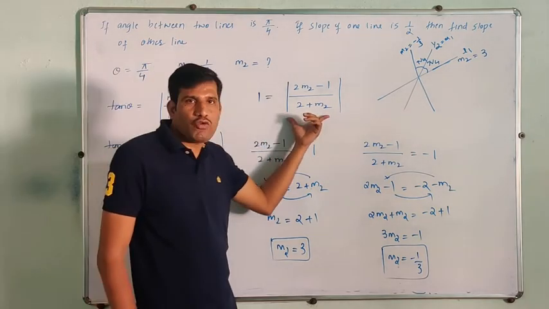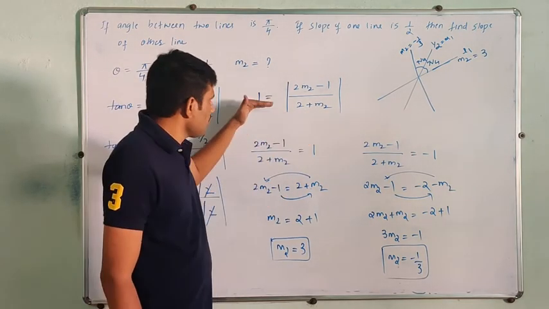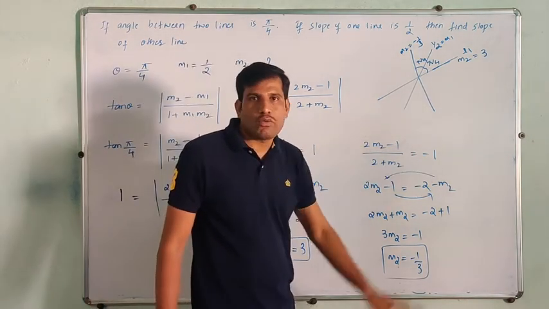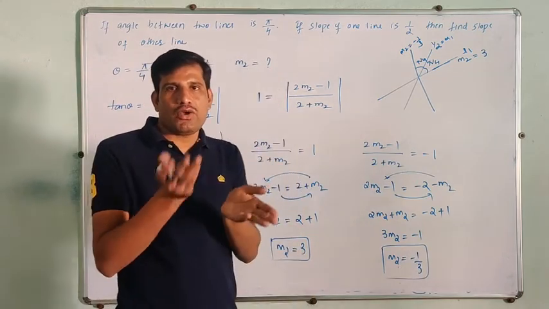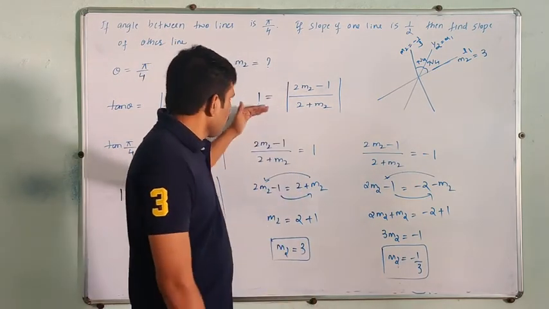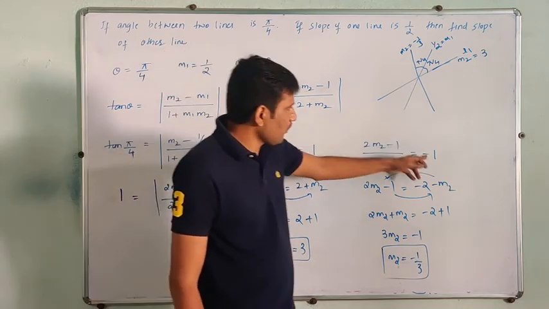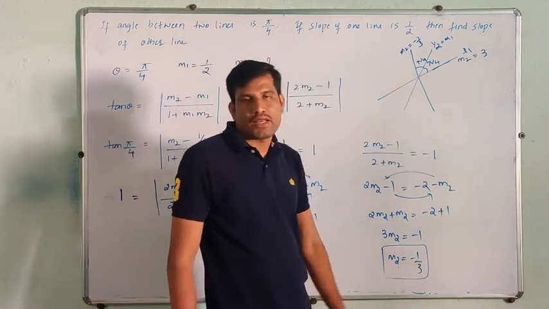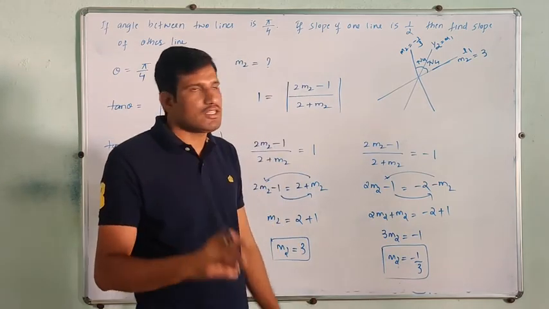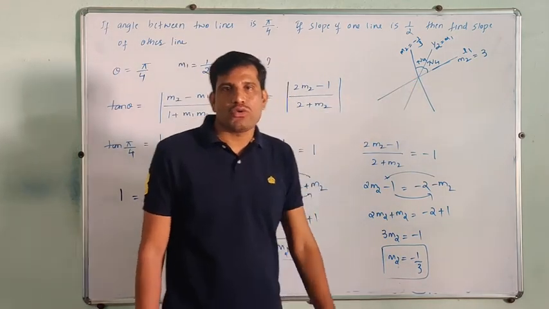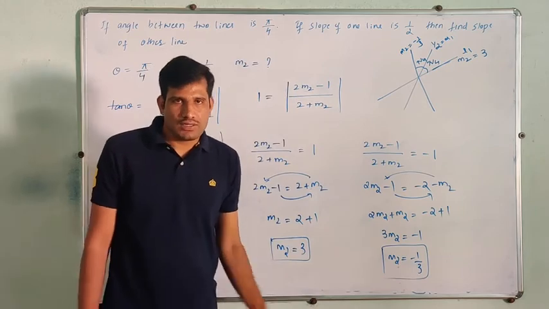Here, if you want to remove this mod, once you have to equate to plus 1, one more time we have to equate to minus 1, because mod of negative value is also positive. So once equate to plus 1 and simplify, you get slope is 3. Once equate to minus 1 and simplify, you are getting minus 1 by 3. Therefore, we have two lines which make an angle pi by 4 with the given line. Is it clear? Right.